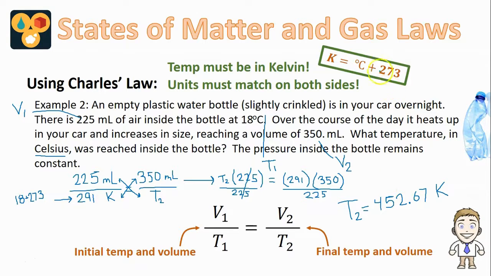And the way to do that in reverse is, instead of adding 273, we're going to subtract out 273. So my final step to get the exact answer as the question wants it is 452 minus the 273 to give me an official final answer in the correct units of 179.7 degrees Celsius. I've rounded off the 0.6 a little bit there.